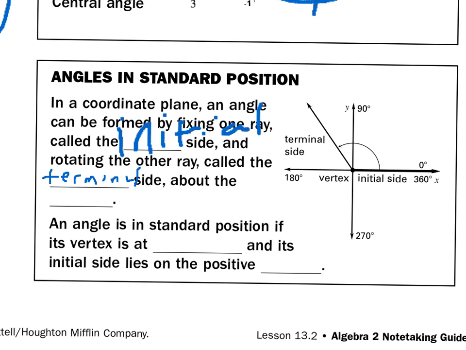About the vertex. Okay. An angle is in standard position if its vertex is at the origin and its initial side lies on the positive x-axis. So basically here to here.